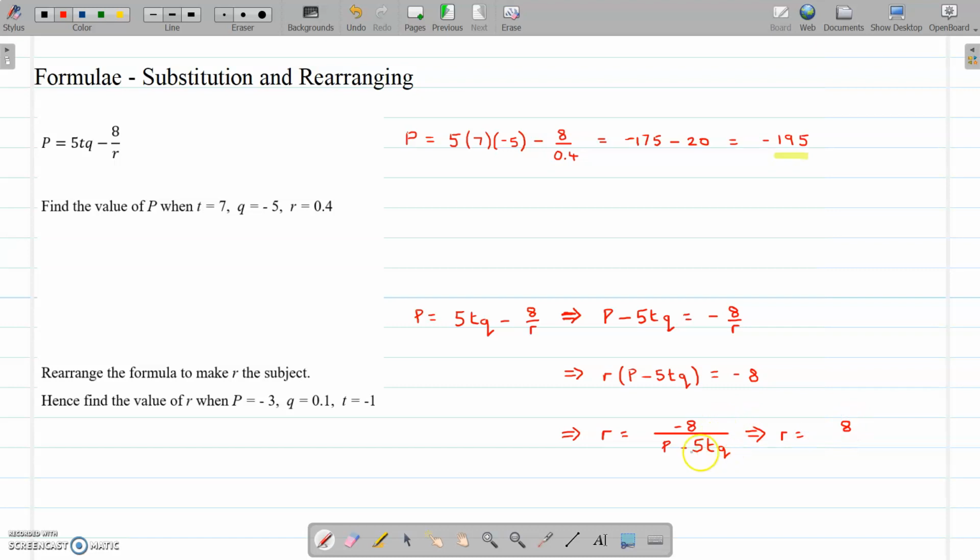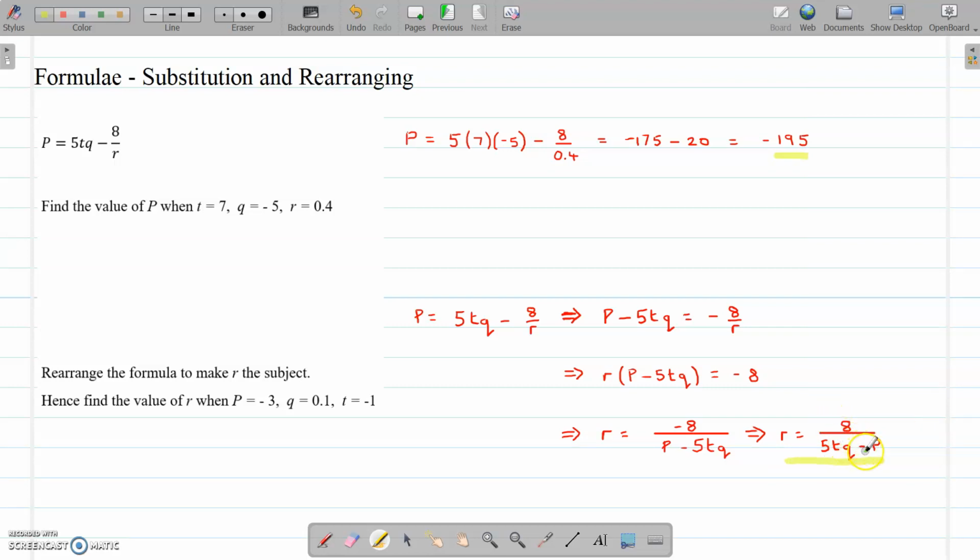And if you take the bottom line and multiply that by -1, the P will become a negative P, and the negative 5tq will become a plus 5tq. So I quite literally just need to swap those two terms over, and I would get 5tq minus P. And that's a better way of presenting the answer than this way, because you should always look for the simplest method and solution.